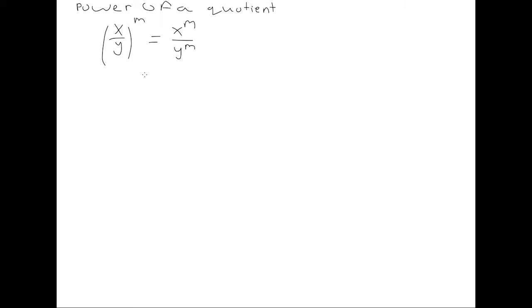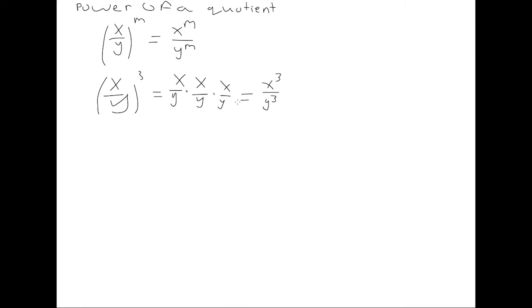And that actually also makes sense. So let's do another example. Let's say we have x divided by y, to the power of 3. That's going to be the same thing as x divided by y times x divided by y times x divided by y. What we get here is x times x times x on the numerator, so x cubed, divided by y times y times y on the denominator, which is y cubed.